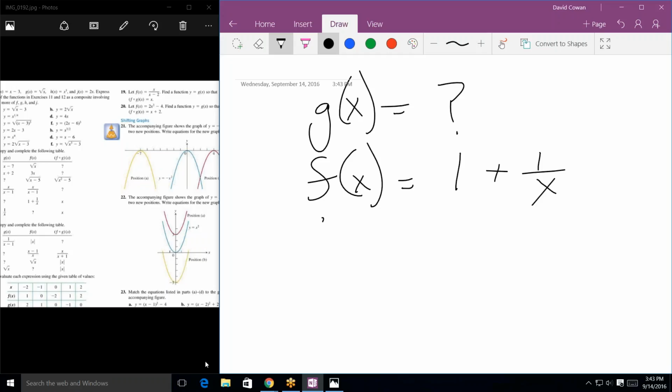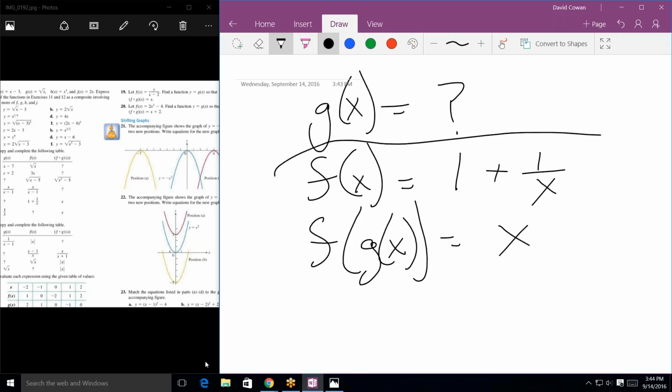And they give you f of g, that would be x. Right. So now we have to figure out what g of x must be such that f of g is x. So let's go back to this. What would I have to do?